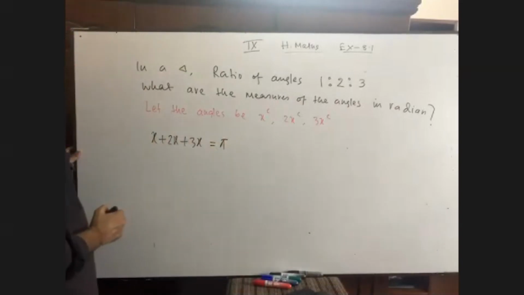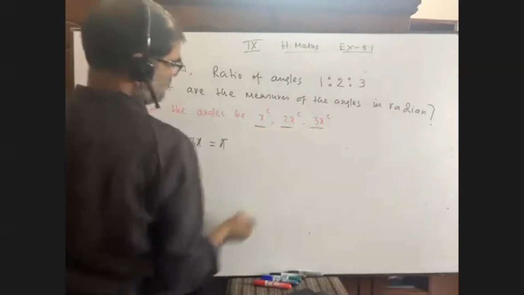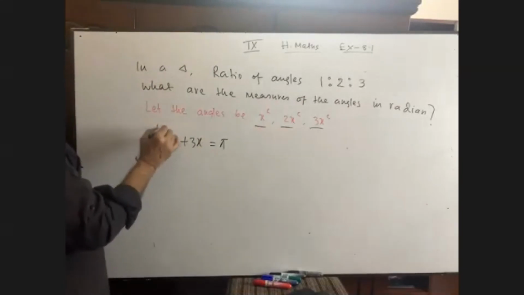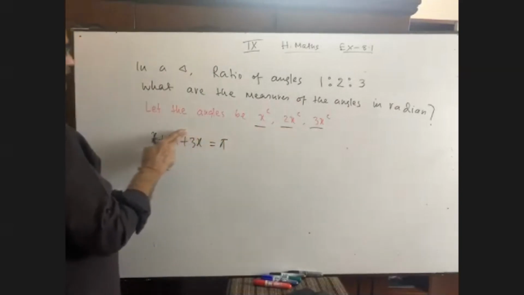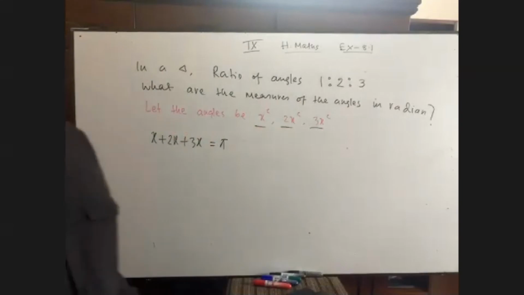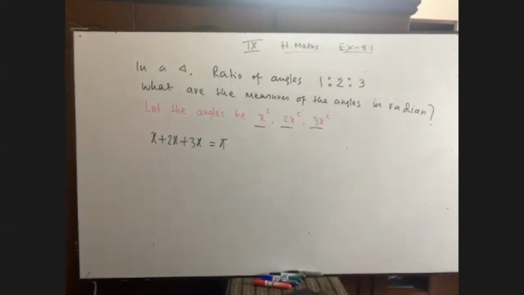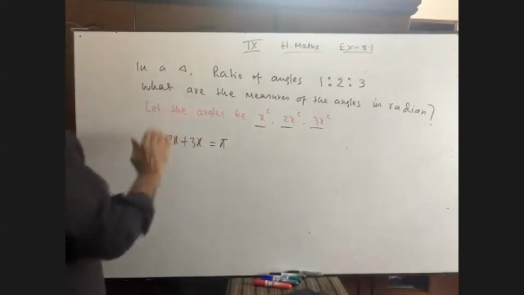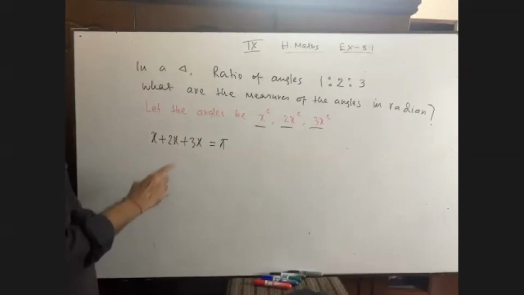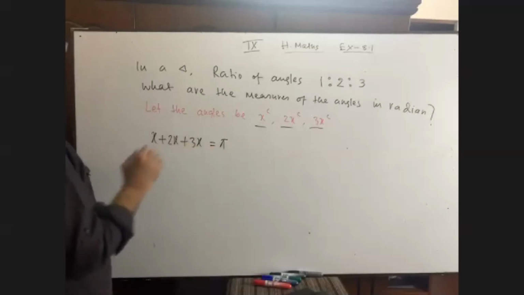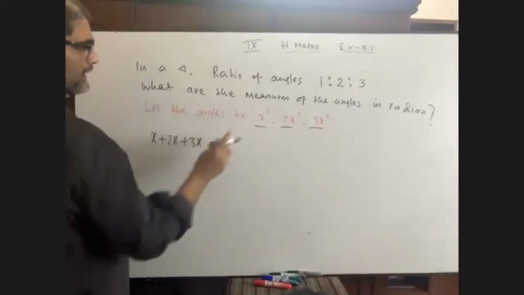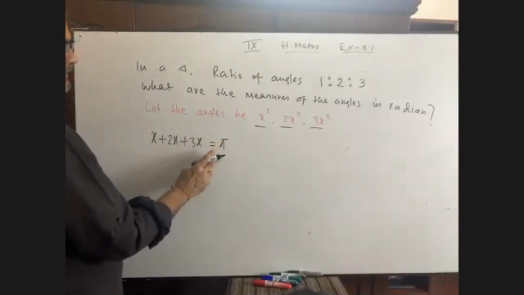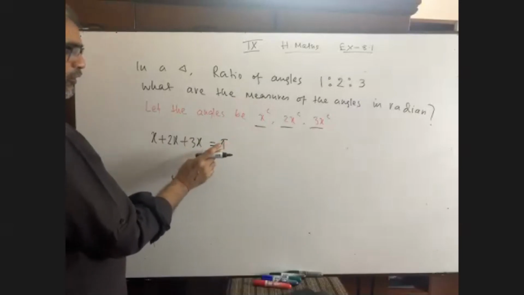Pi, because we know sum of three angles equals to pi radian. All radians will be omitted, because an equation does not carry any unit. It is an equation because the unit of both the sides are same. Otherwise, there will never be an equation. Suppose it is in radian and you are writing there 180 degree, it won't be.